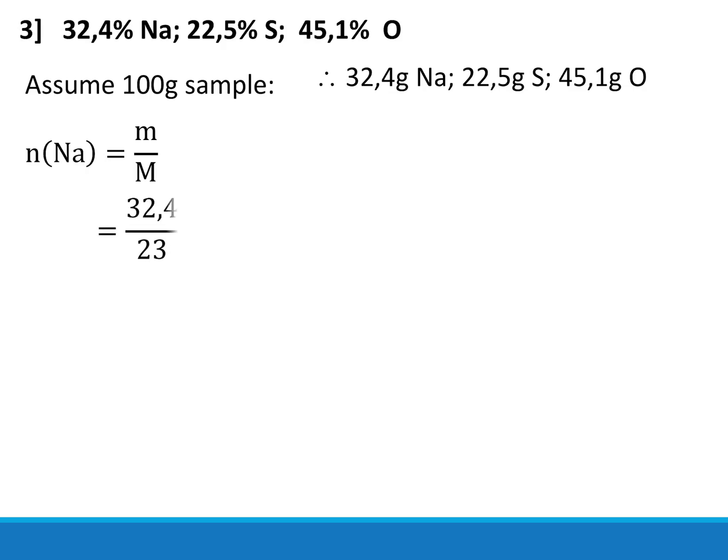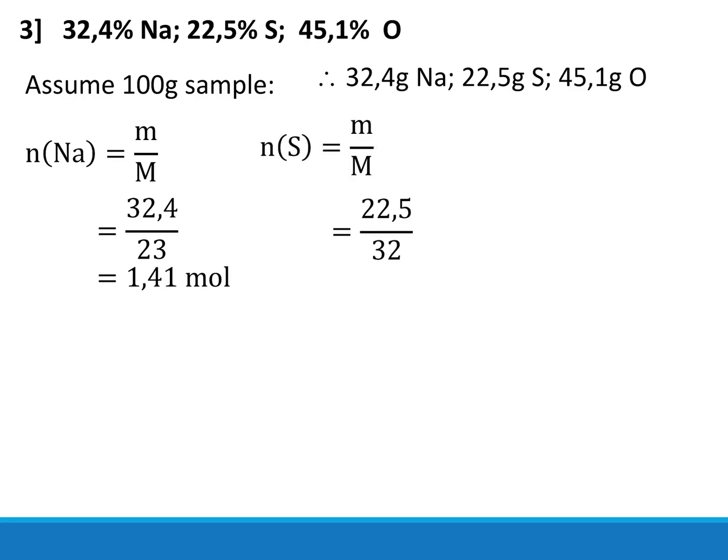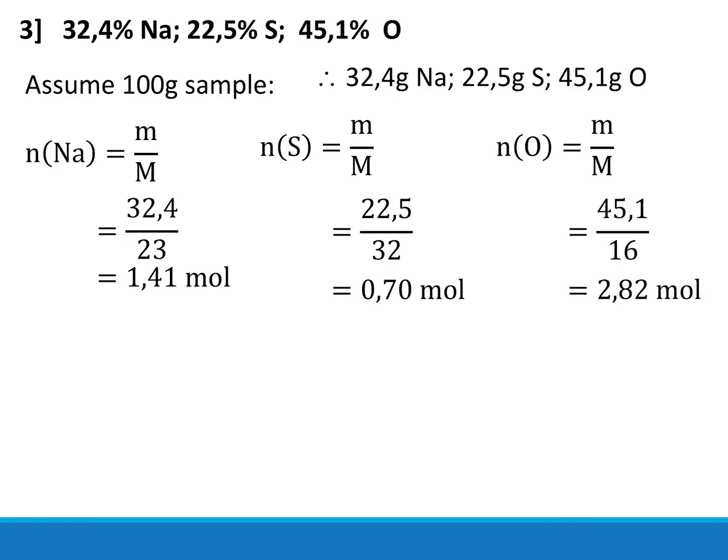We're going to find the number of moles of sodium, 32.4 divided by 23, then 1.41 moles. Number of moles of sulfur, 22.5 divided by 32, 0.70. Number of moles of oxygen, 45.1 divided by 16, 2.81. It doesn't matter that these are decimals, or that this is quite a small decimal, because we'll get them into a whole number. How do we get them into a whole number? By dividing by the smallest number.